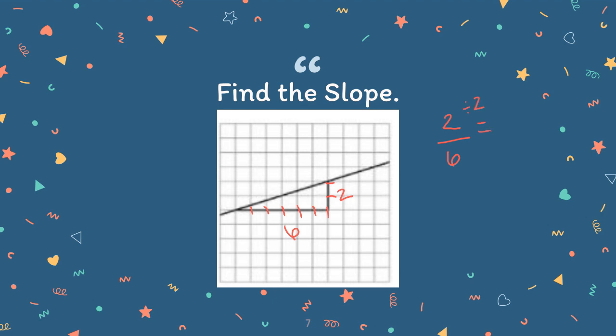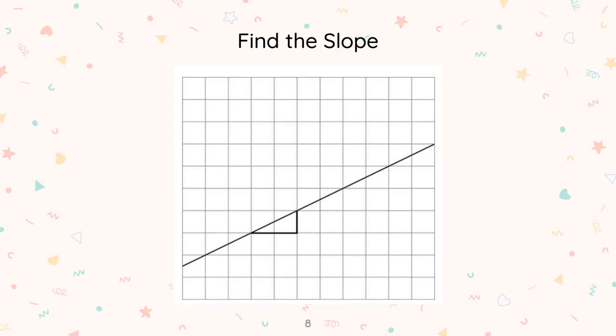If I divide both by 2, my slope would be 1/3. 2/6 is the same thing, but we really want to look for our reduced fraction for our slope. Again, on this one, my rise, or my vertical distance, is 1, and my horizontal distance is 2. So my slope would be what?